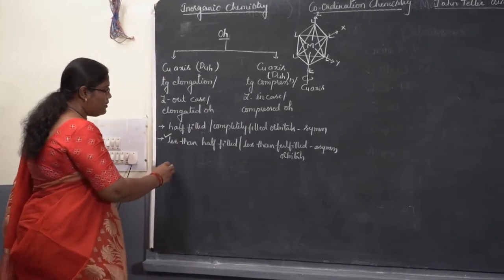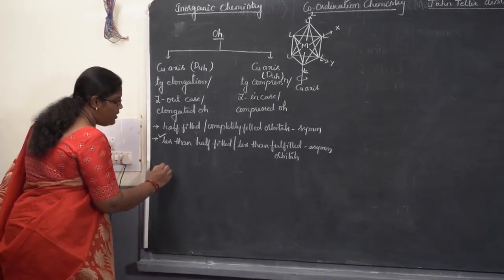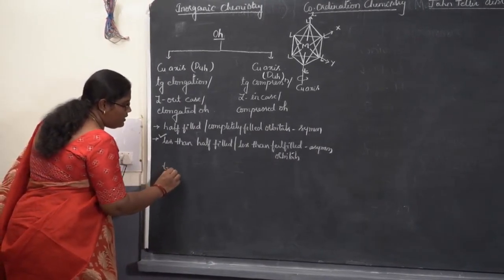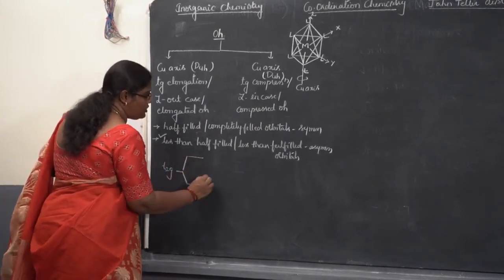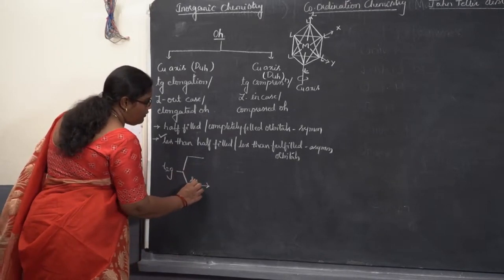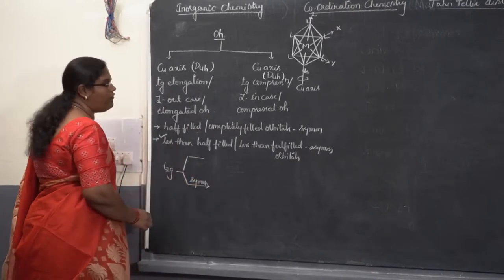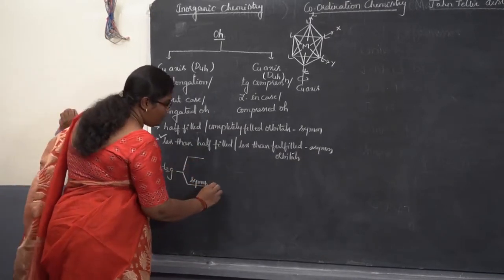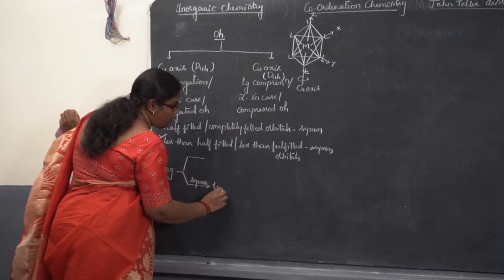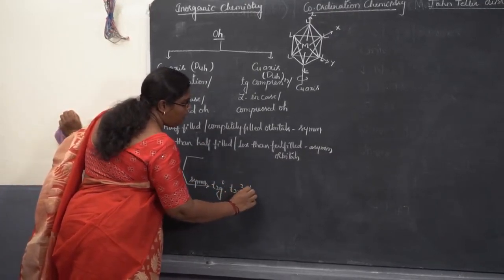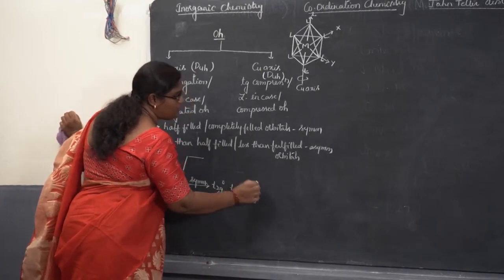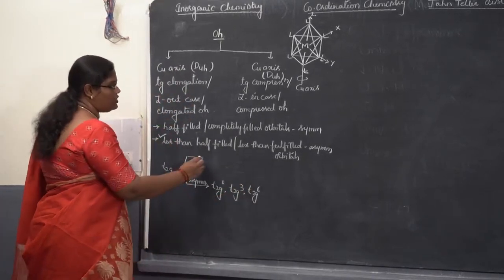So if you take the t2g set, what are the symmetric and asymmetric configurations? Symmetric configurations are the half filled and completely filled orbitals. So t2g0, t2g3, t2g6, these are the symmetric configurations.